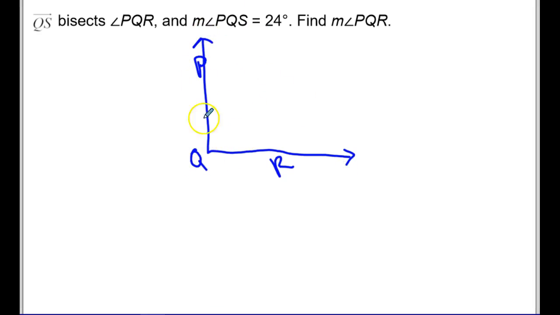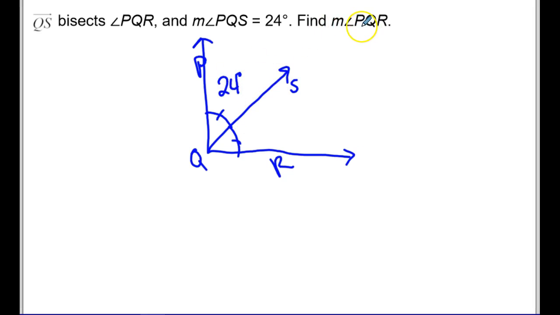So there's PQR, and I know that QS bisects it. So there's my S. I know that these two angles are the same, so PQS equals 24 degrees.